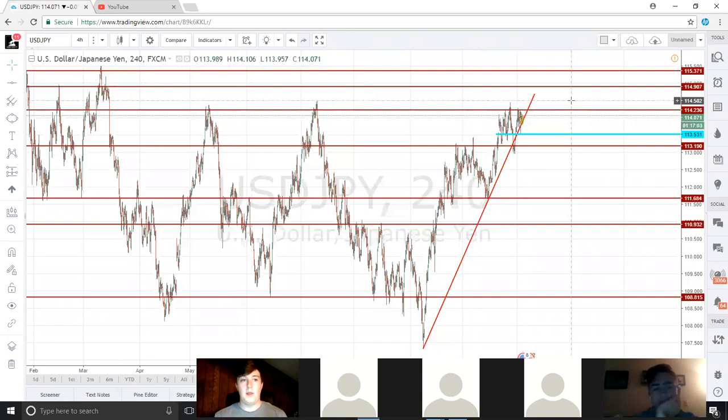This is basic stuff that if you go through IML Academy, you're going to learn how to plot support and resistance. Me personally, I only trade off of price action. So I only trade off of support, resistance, trend lines, supply and demand zones, and harmonic patterns. That's everything that I trade off of.